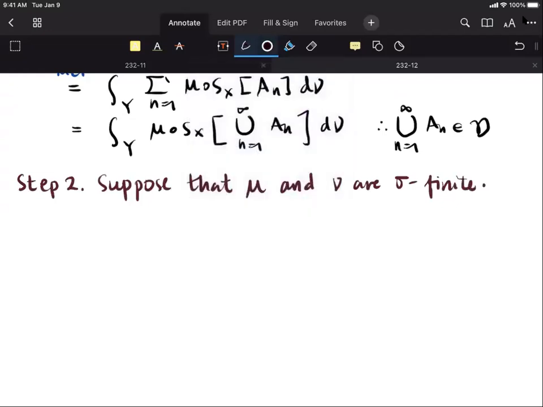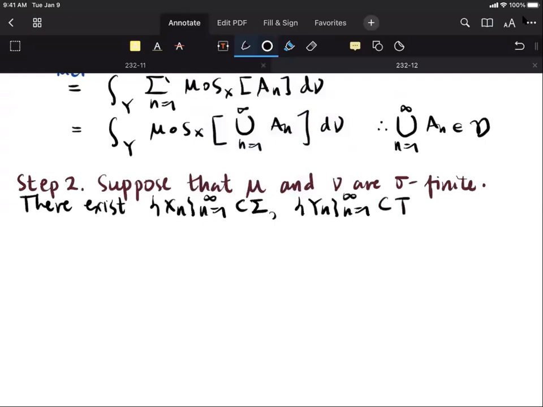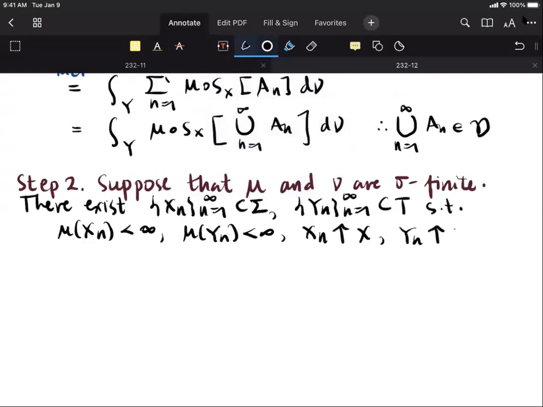Then this implies that there exists a sequence xn in sigma, another sequence yn in tau, such that mu of xn is finite, mu of yn is finite, xn increases to x, and yn increases to y.